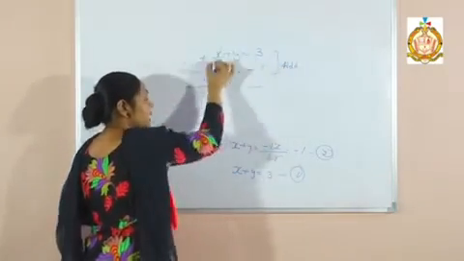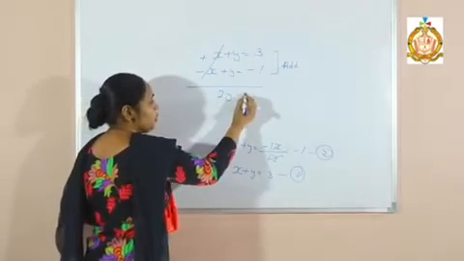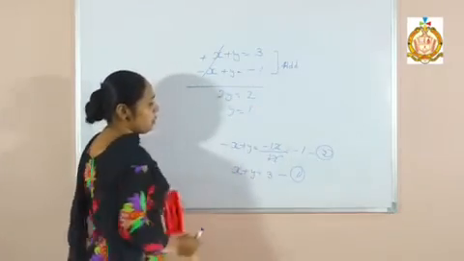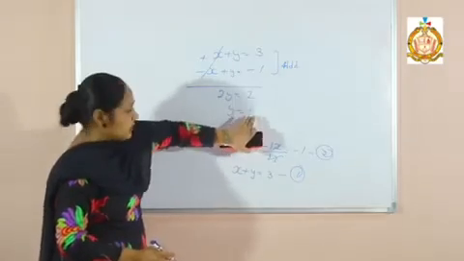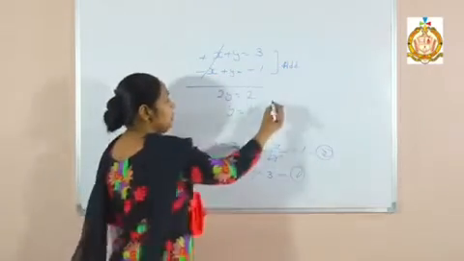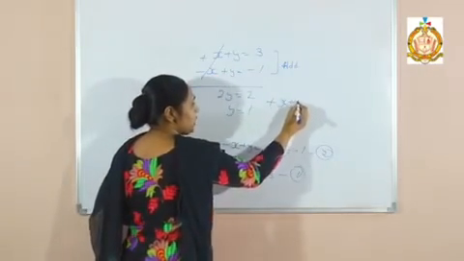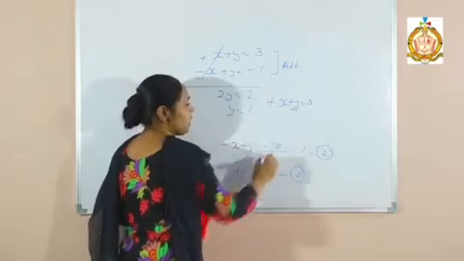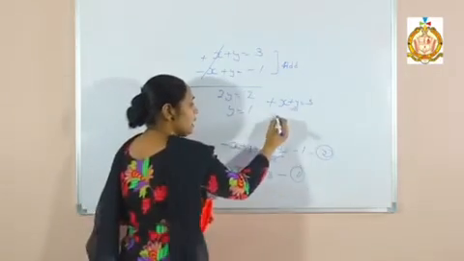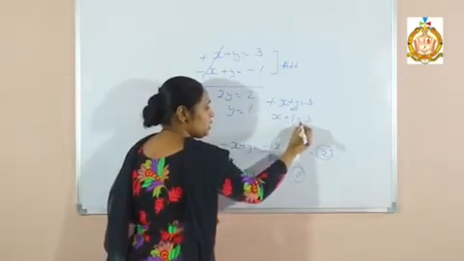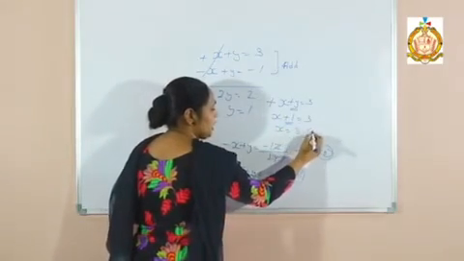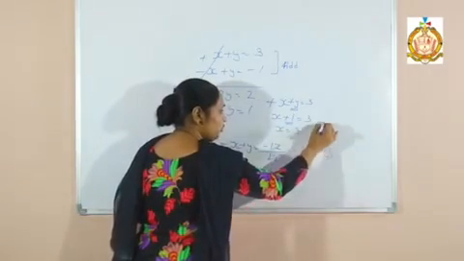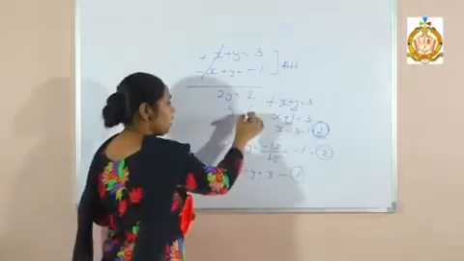If I add, x will be cancelled, 2y equals 2 and y becomes 1. Now I found the answer of y. Now I want to find the value of x. I put this value here in x plus y equals 3. The value of y is 1. I can write x plus 1 equals 3. This 1 goes to the other side and is subtracted from 3, and it becomes 2. It means the value of x is 2 and the value of y is 1.